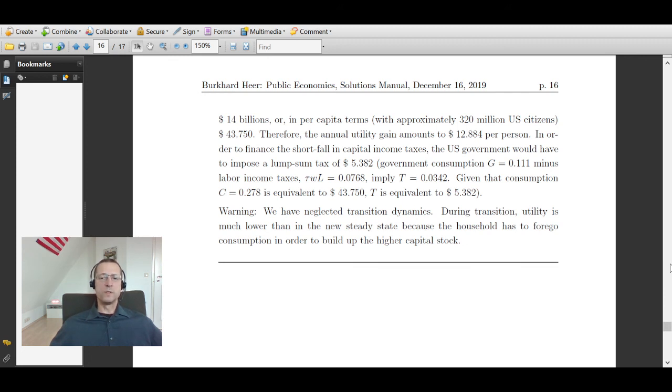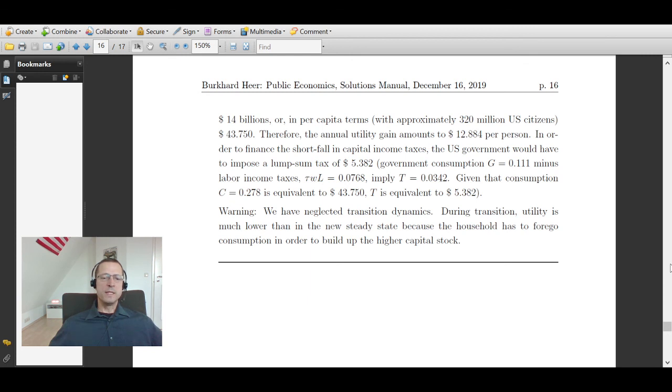And during the transition, of course, we have to build up this higher capital stock. Therefore, we have to increase our savings, which are equal to our investment, far beyond the depreciation of the capital stock. Otherwise, we would not be able to build it up. And therefore, our consumption is smaller during the transition. And our utility, as a consequence, is also much smaller.